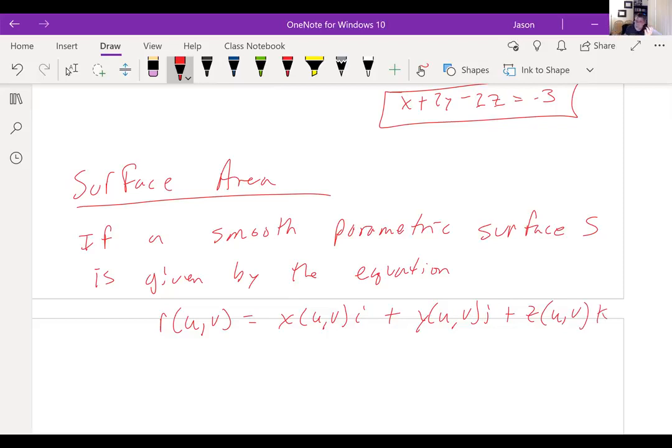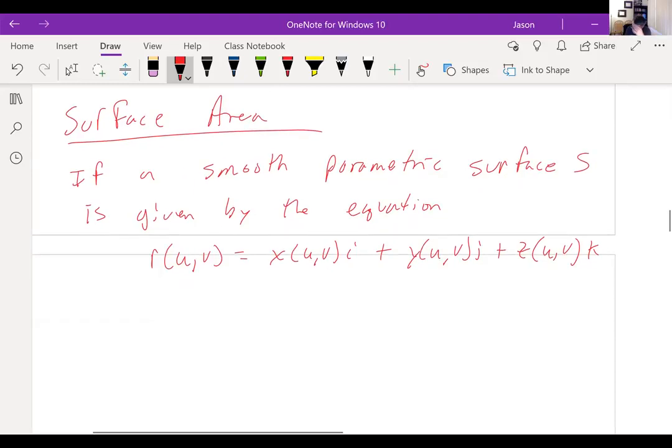Just think of x, y, z in terms of some other parameters, two parameters. We've got 3 variables, but they're defined by 2 parameters. Maybe it's r and theta, maybe it's s and t, maybe it's u and v, however you want to think about it. But this is some vector valued function.